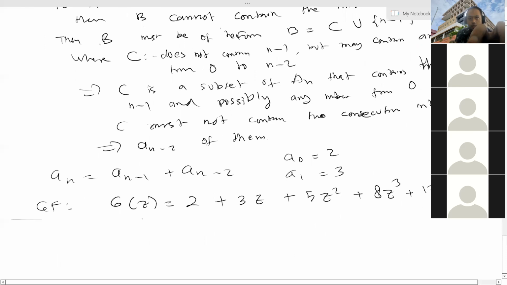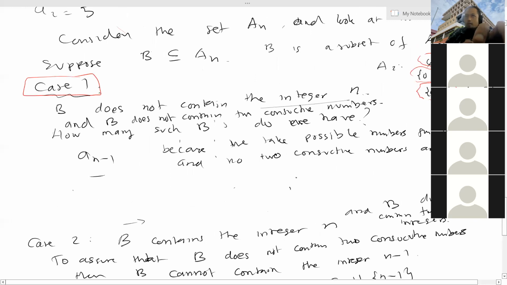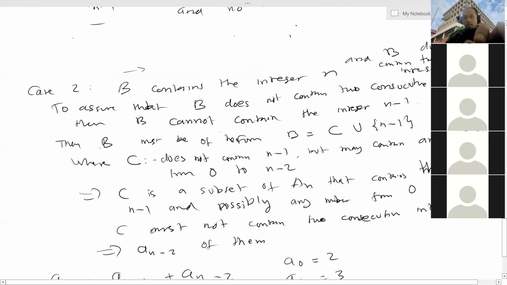Sorry about the mistakes. So let me repeat again. The first case, a subset does not contain the integer n, and still we have the condition that has to be satisfied, namely b does not contain two consecutive numbers, right? So a_{n-1} of them. For the second case, we have b contains the integer n, so therefore b cannot contain the integer n minus one, and so we could write b to be C union the set containing just a single integer n minus one.